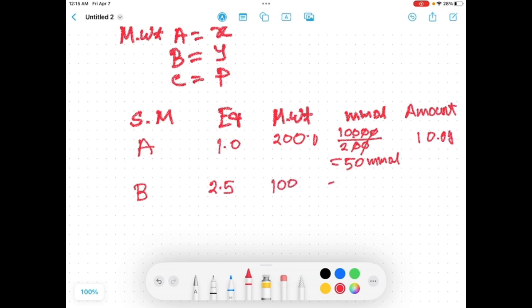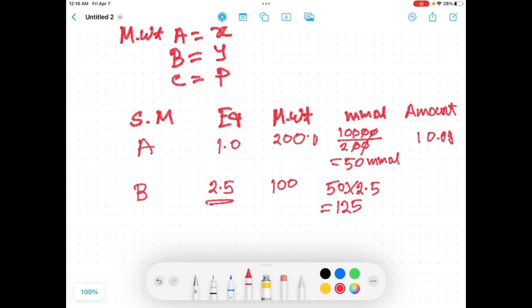So B will be 50 times 2.5, because the equivalent is multiplied with the millimole, never with the molecular weight or the amount. So 50 times 2.5 will be 125 millimole.